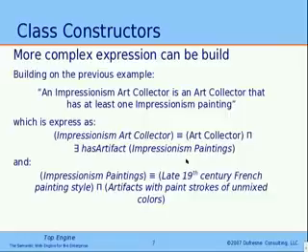For example, we could define that an Impressionist art collector is defined as the intersection between an art collector and all of the individuals for which there exists at least one artifact of type Impressionist painting. And as we just saw on the slide before, Impressionist painting is defined as the intersection of two classes. So you could build fairly complex class constructors all from using a very simple set of operators.